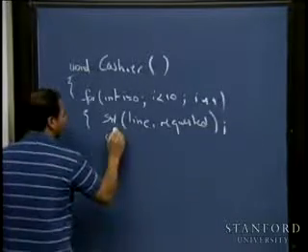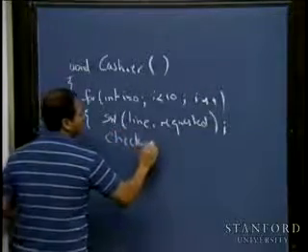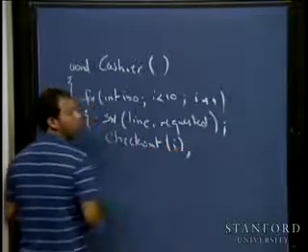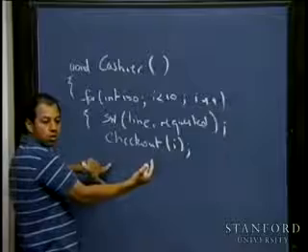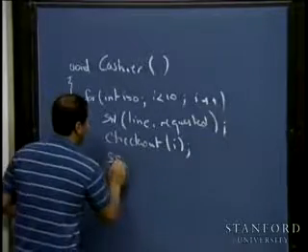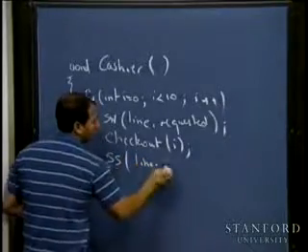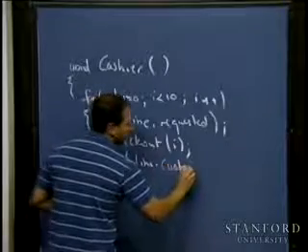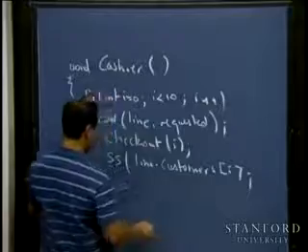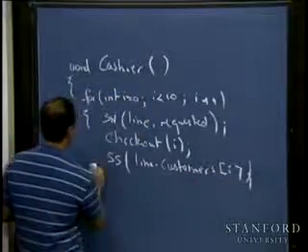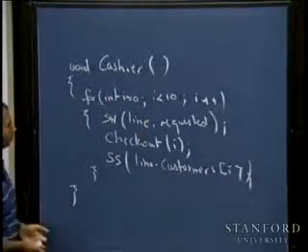So you check out some function, check out customer i, and then you signal customer i because you know he's the first one in the queue, in the line. So you semaphore signal line dot customers of i. All right, and that's your cashier.